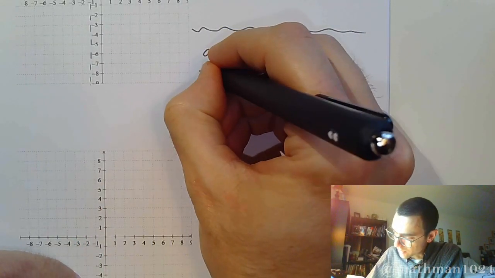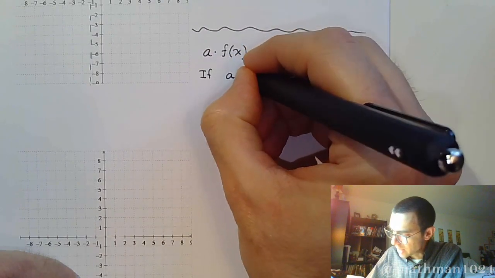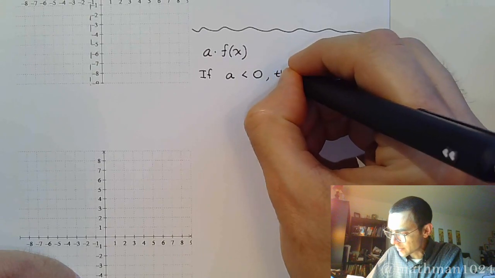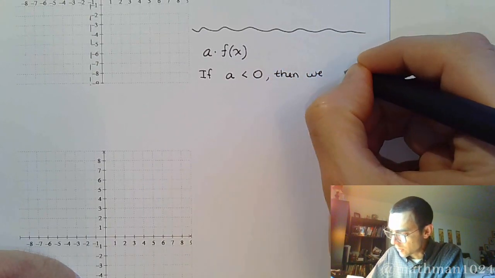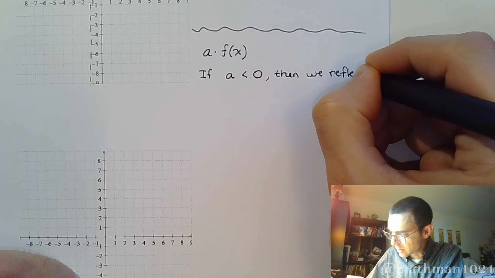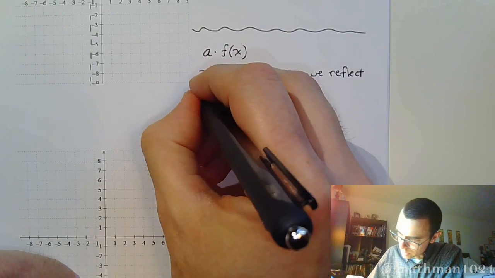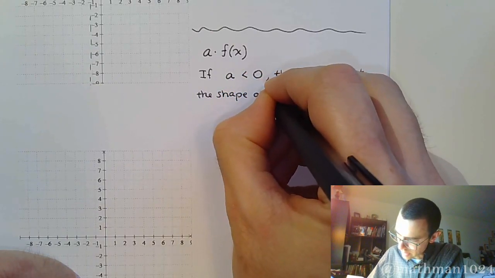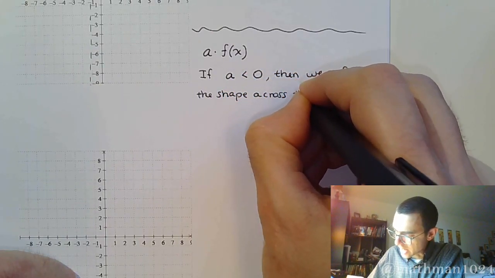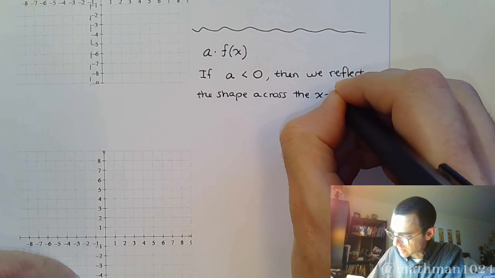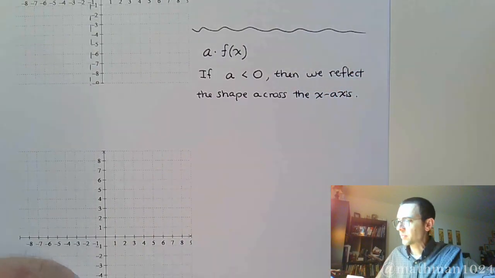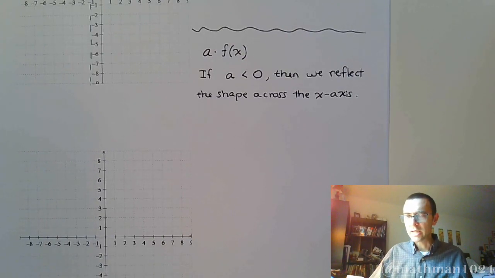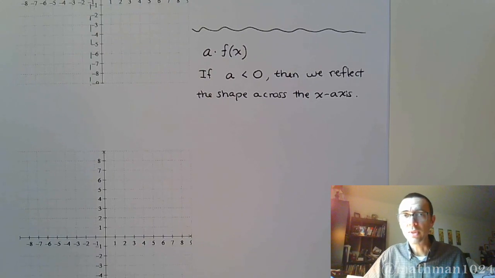And we know that if a is a negative value, then we reflect the shape across the x-axis. Okay, if a is something that's negative, then it's going to take whatever shape we're dealing with and turn it upside down. It's going to flip it over the x-axis.